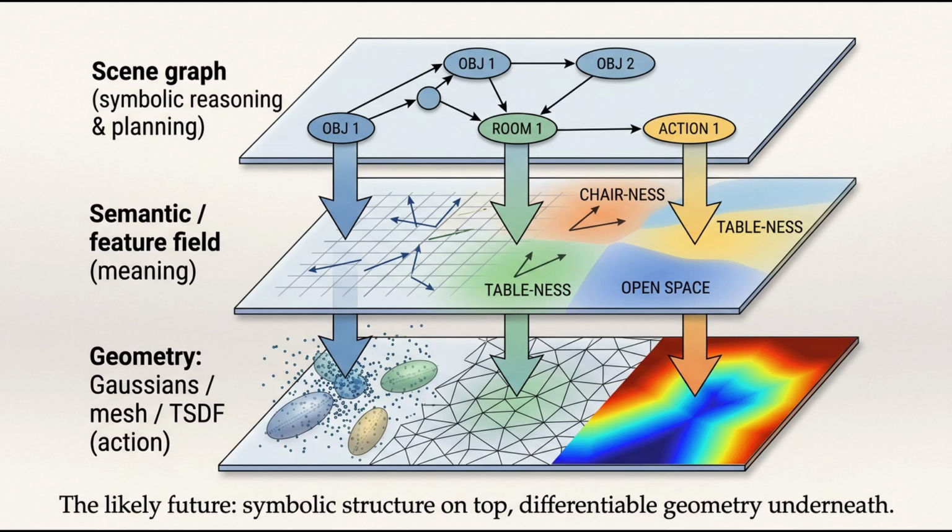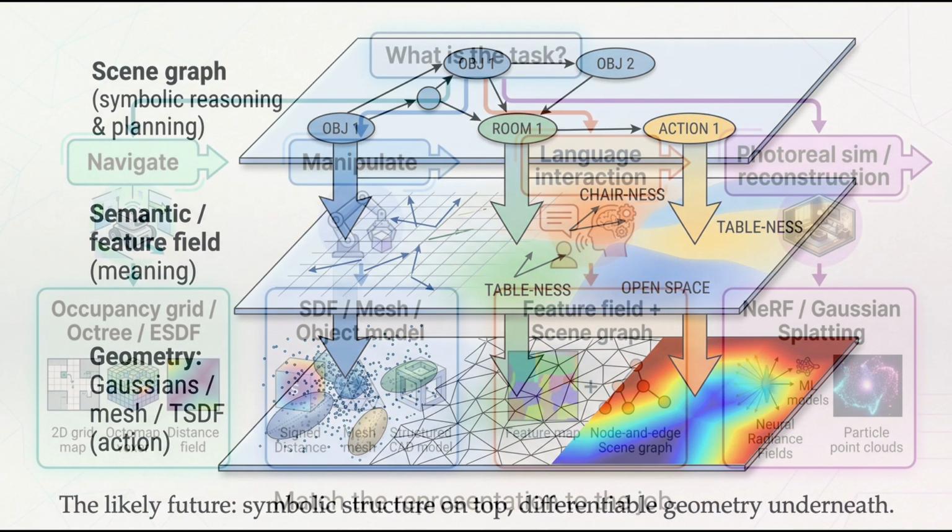Symbolic structure on top for reasoning and planning, rich differentiable geometry underneath for perception and action, semantics threaded through both. That combination is what lets an agent understand a command, plan across a whole building, walk to the right room, and then grasp the specific object, all from one coherent, multi-level model of the world.